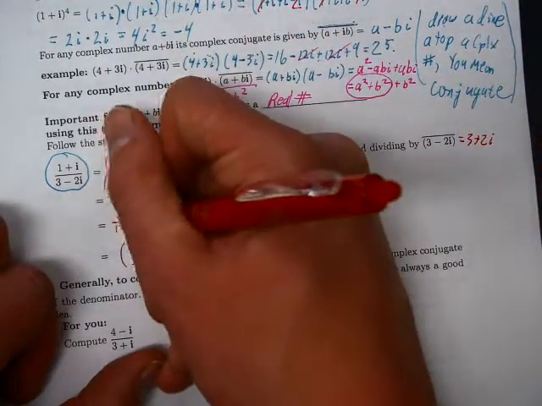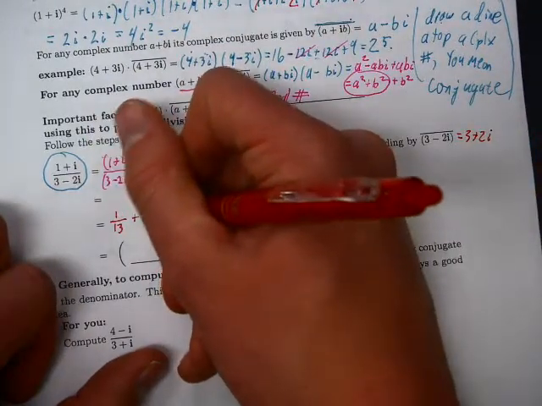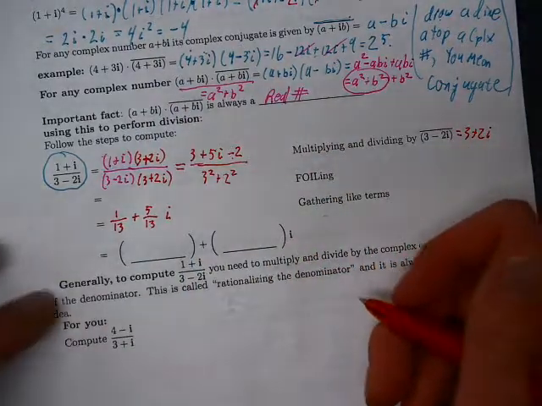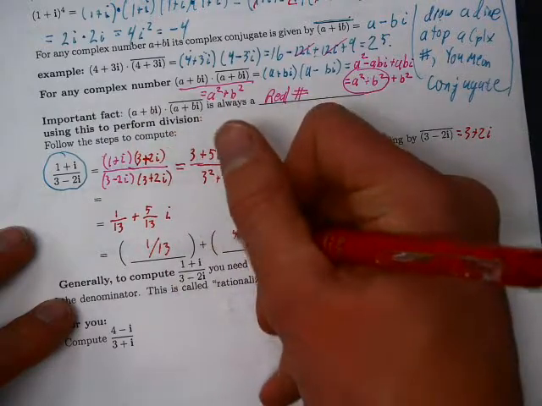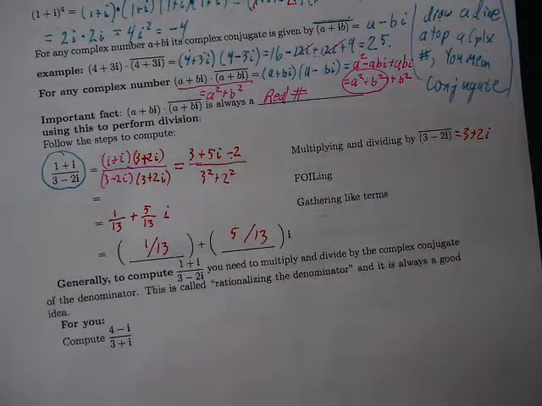That's 1/13th. Then 5i divided by 13. That's 5/13ths i. So gathering together these like terms, we see that this quotient is actually 1/13th plus 5/13ths times i. So here's the payoff. You can always divide. If you divide a complex number by another complex number, there are the instructions for how to do it.